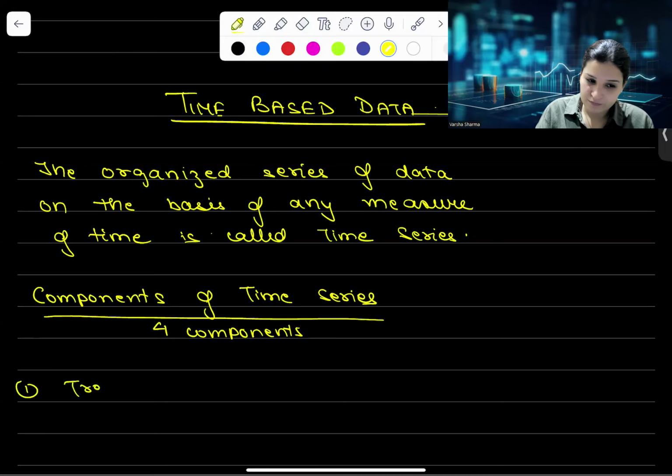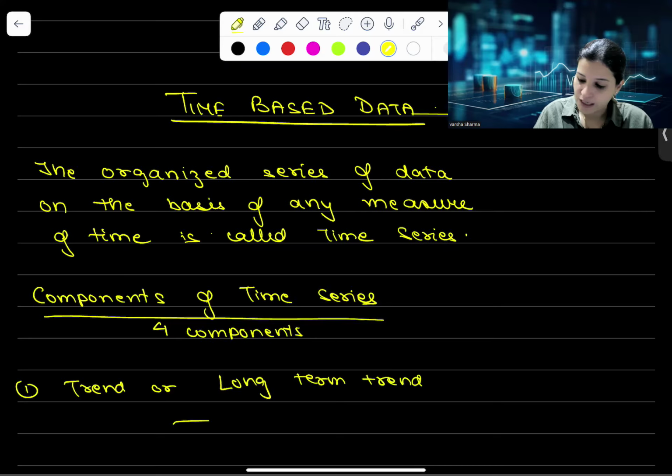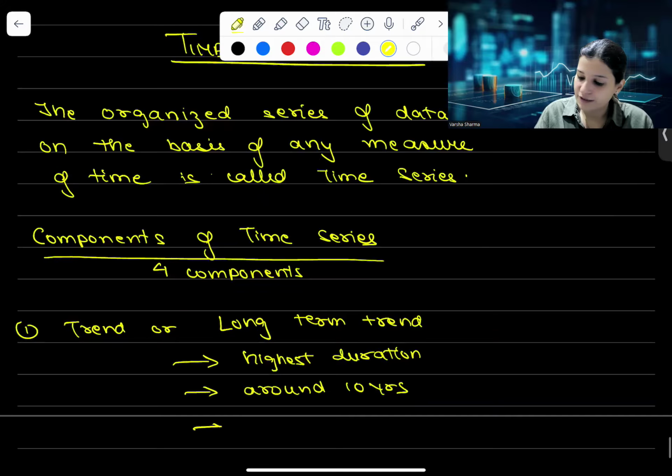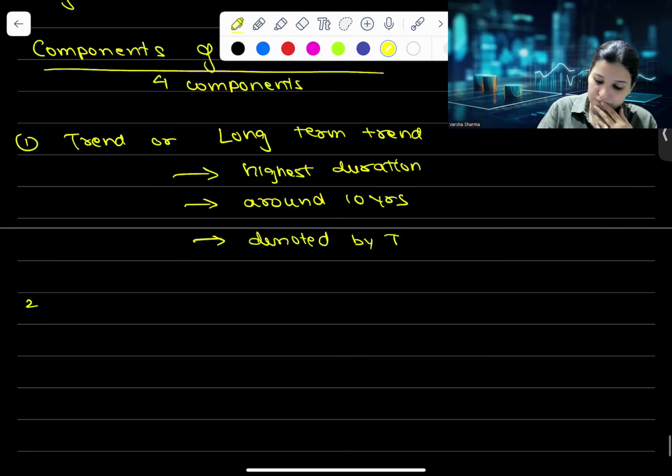First, trend or long-term trend. Highest duration, around 10 years. It is denoted by T. Second is cyclical component.